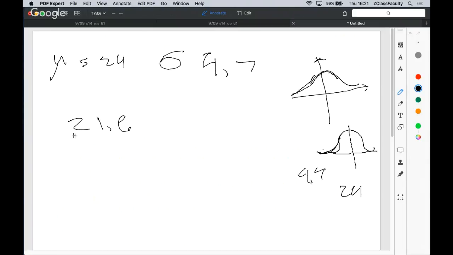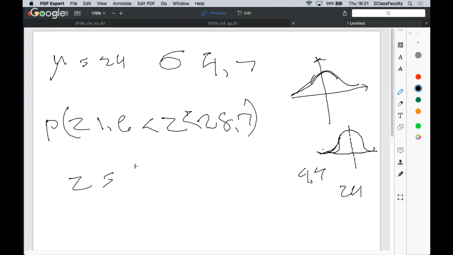What we're trying to find is the probability of randomly chosen cars between 21.6 and 28.7. So what we can do is take the equation z equals x minus mu over the standard deviation.